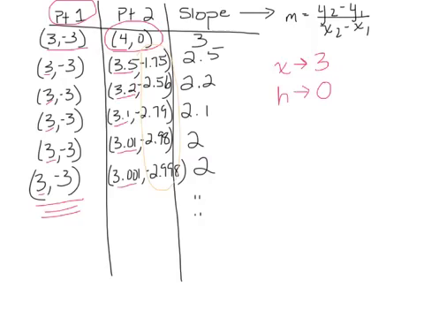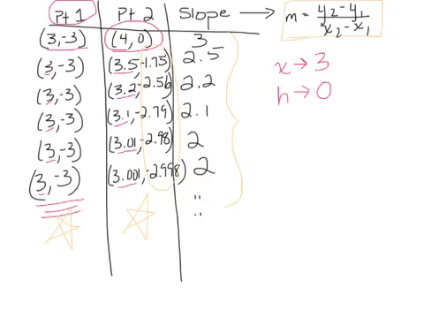Then we use the points from this column and that column to find the slope of the secant line between those 2 points. And that's what we have here. We're using our basic slope formula, y2 minus y1 over x2 minus x1, and found the slope for each of these points.